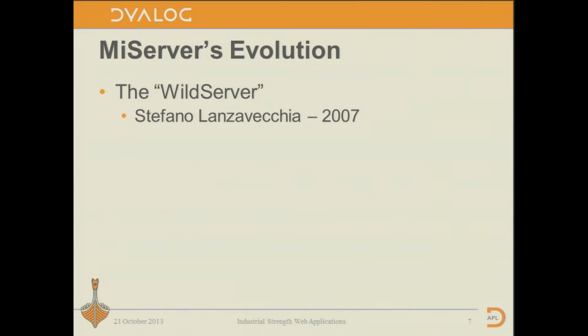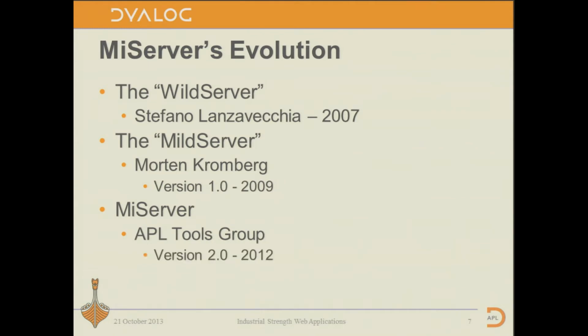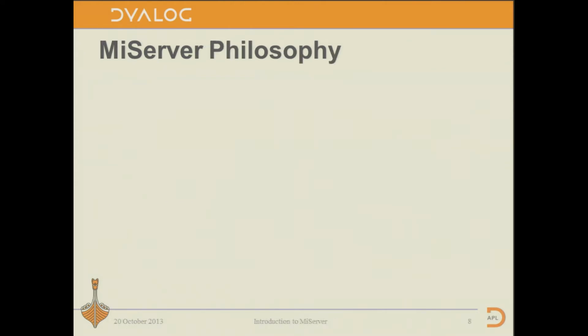Well, it was very object-oriented, and so Morten took it and turned it into the Mild Server, which made it a little more palatable, or usable by mere mortals. And the first version came out in January of 2009. When I began with the APL Tools Group, we brought out the first version of MiServer 2 years ago, and then version 3 will come out in second quarter next year.